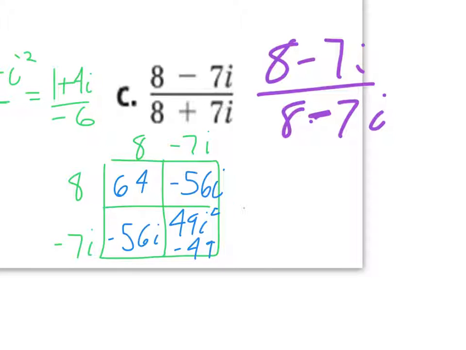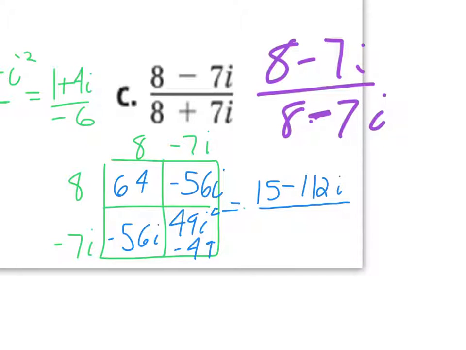See, so numerator ends up being 64 minus 49 would be 15 minus 112i. Told you that was a lot of i's. So 112i. Now the denominator, again, it's that conjugate pair, so you can use that pattern, a squared plus b squared.